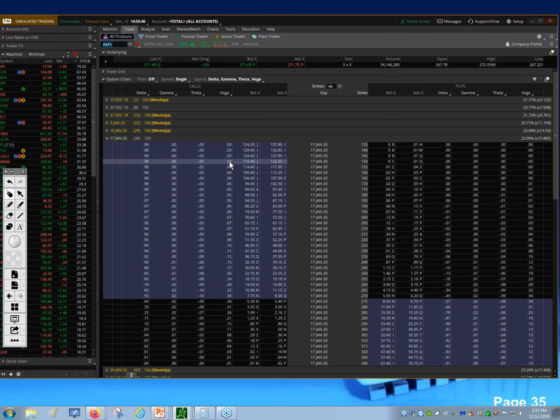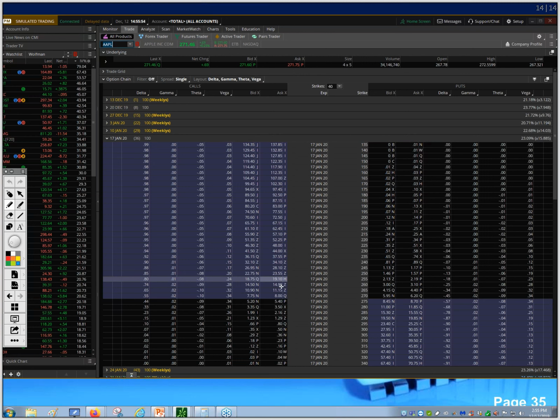All right, so let's look at Apple, for lack of a better example right off the bat. If I wanted to short Apple, we're going to look at the closest to at the money. 271.50 is the price, so the closest one is going to be this strike right here, the 270 strike. So remember, we talked about this.